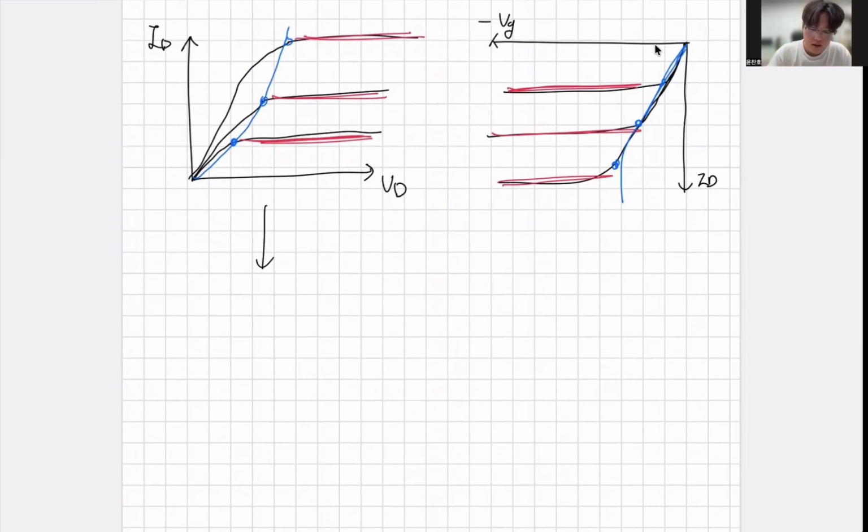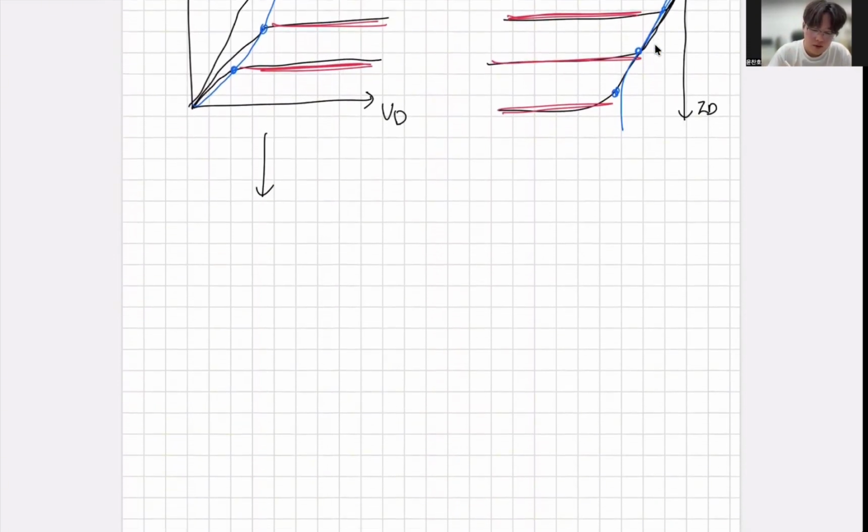Look at this. In NMOS, we can draw the ID and gate bias graph. The condition for NMOS is that current will flow if the gate bias is over the threshold voltage. So the current is 0, and then the current will flow linearly.